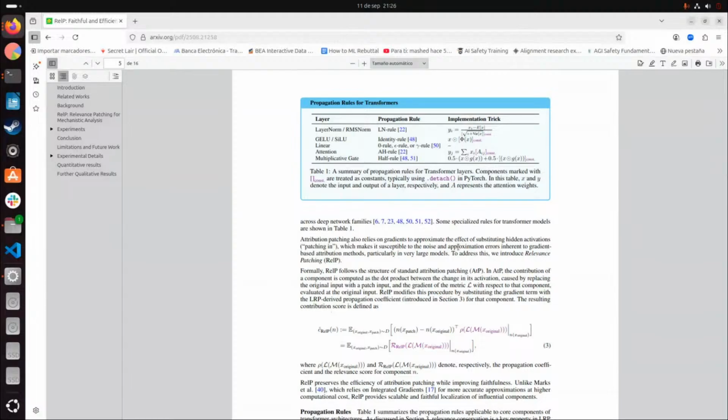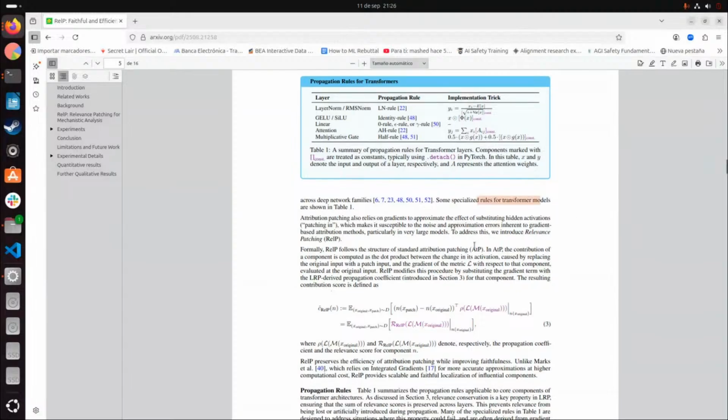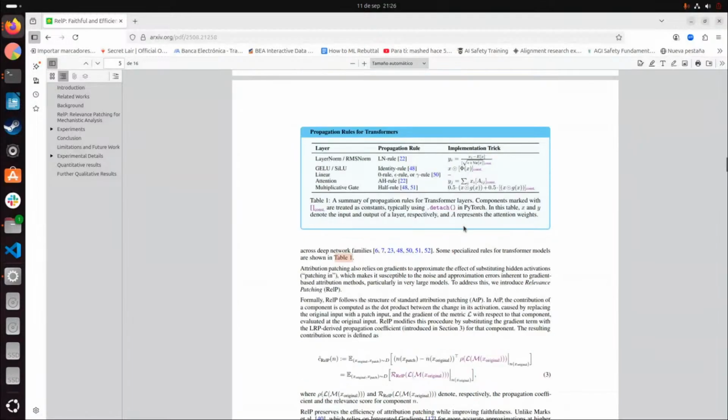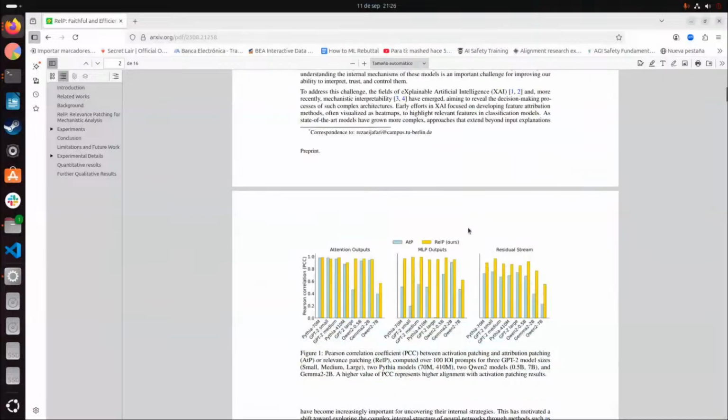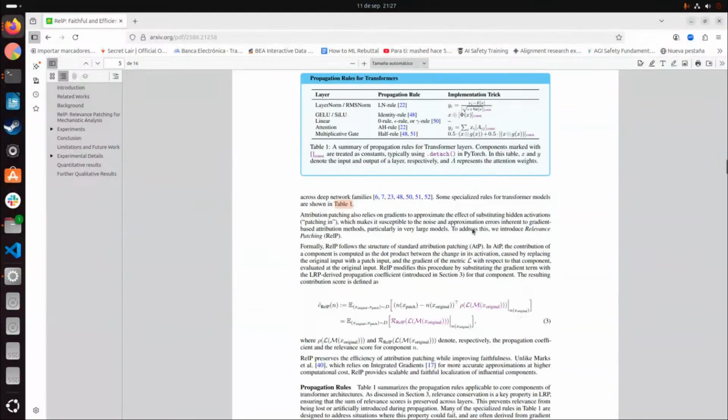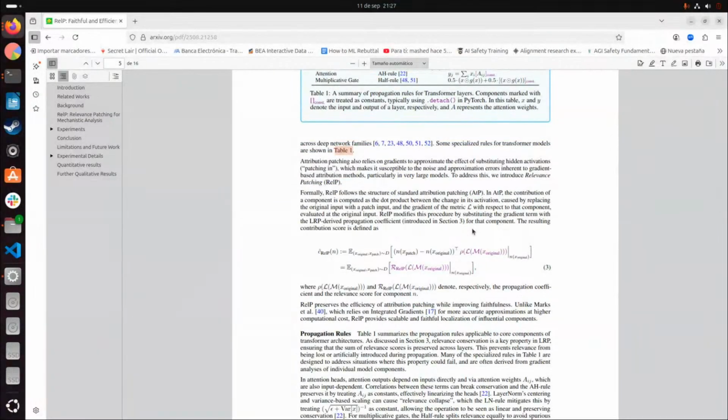Across deep network families, search specialists from models are shown in table 1. Attribution patching also relies on gradients to approximate the effect of substituting heading activations, patching in, which makes it susceptible to the noise and approximation errors inherent to gradient-based attribution methods, particularly in very large models.